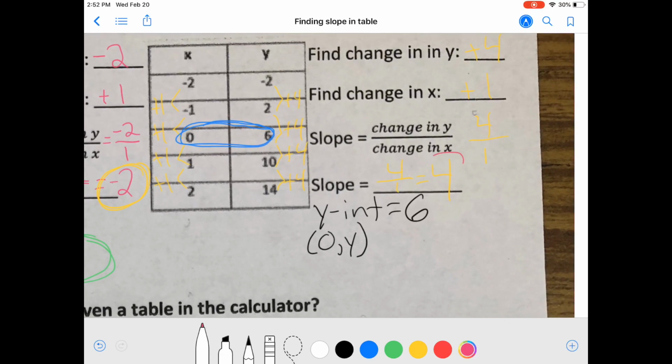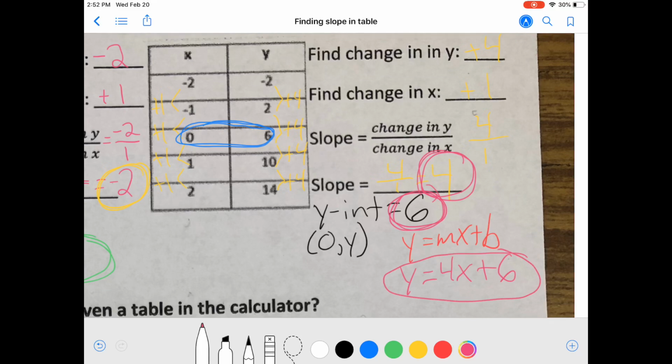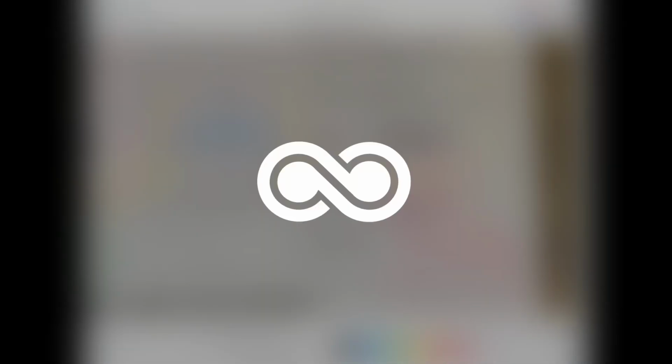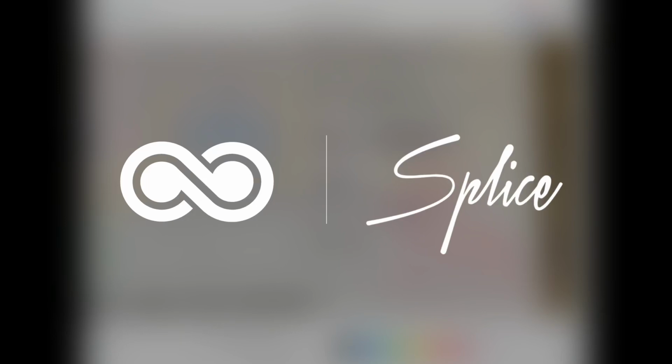So we take our slope, which was 4, and our y-intercept, which is 6, and plug it into our y equals mx plus b. So we have y equals, instead of m, 4, x plus our y-intercept, which is 6. So that would be our equation, y equals 4x plus 6.